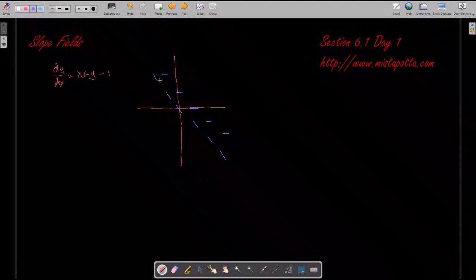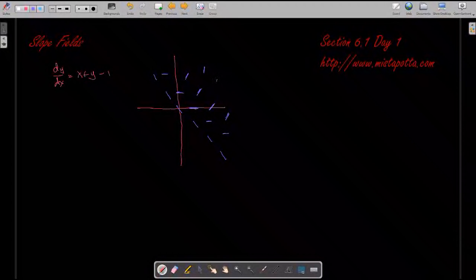And if my slopes were negative 1 here and 0 here, then if I'm dealing at the point 2, 0, my slope is going to be positive 1. And I'm going to have another set of parallel lines where I've got a positive 1 slope.